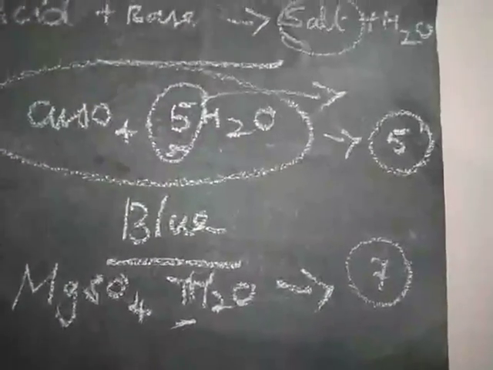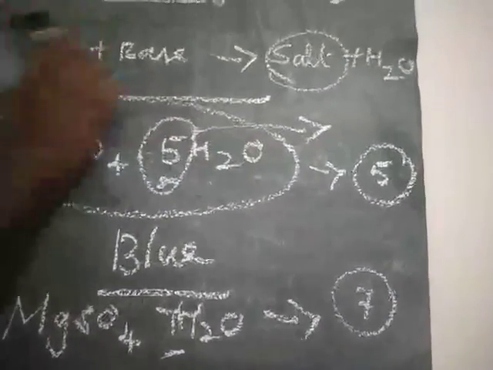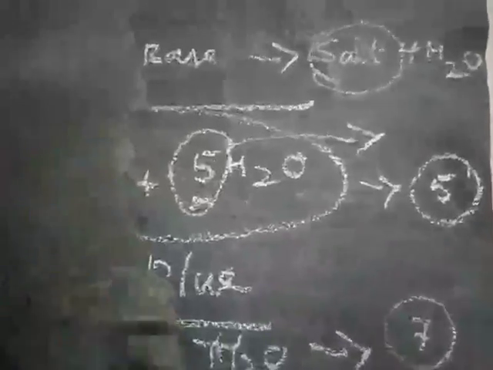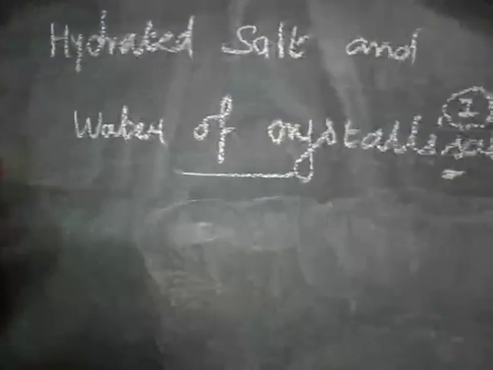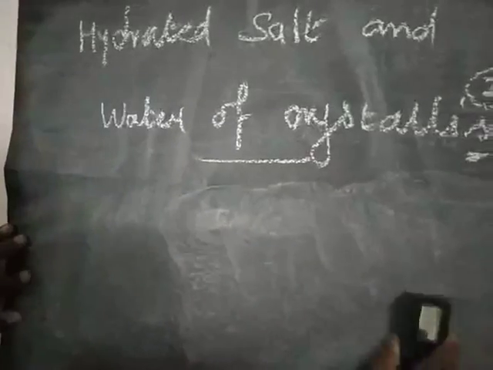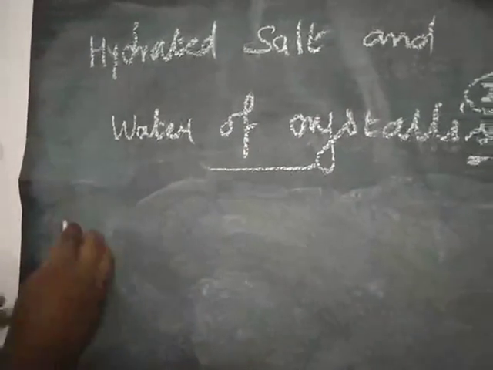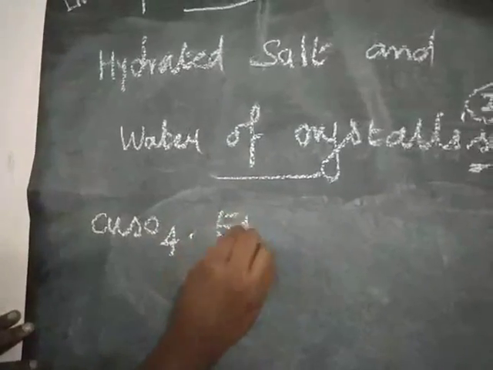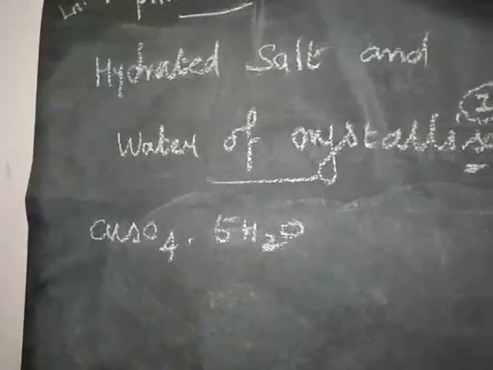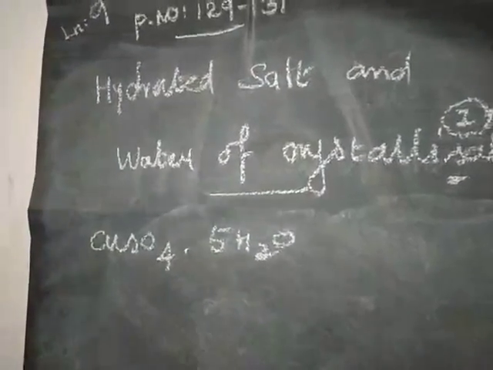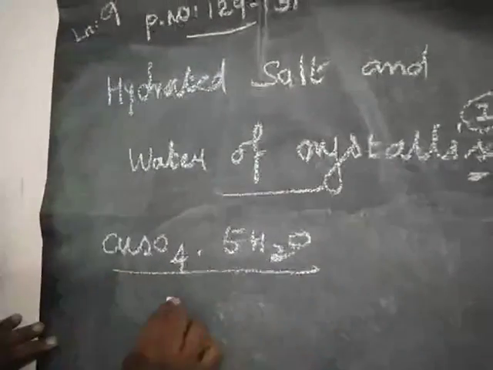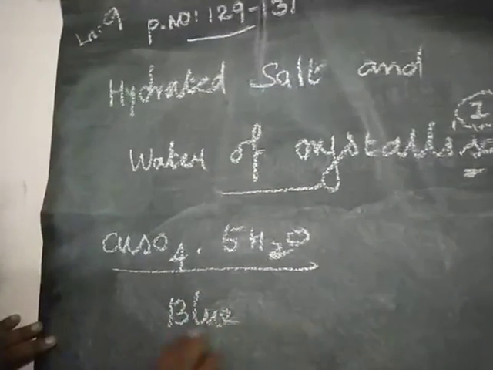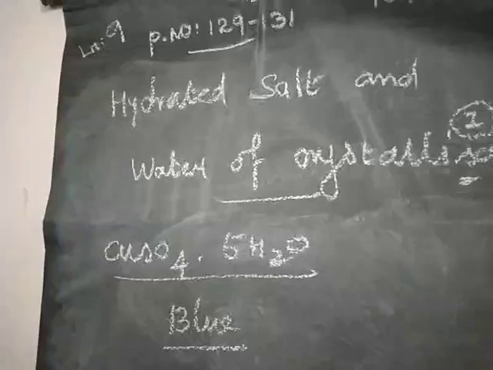Okay, so we will explain one equation for this concept. We will take copper sulfate pentahydrate. What is its color? Blue, spelled B-L-U-E.